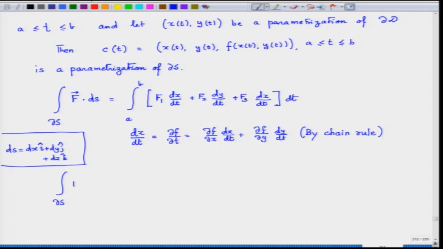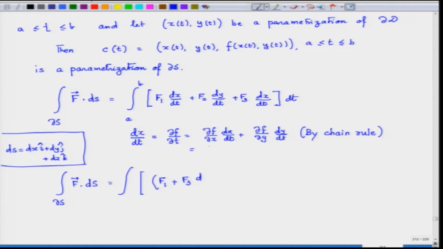Now, I will do the manipulations, you check the manipulation, but I am just writing it down. It is very simple, you can just do it by observing this. So f1 with dz dt, f3 you will have this one. So with dx dt you will have to combine this part. So there will be f3 multiplied here. Let us see what happened. So dz dt is now del f del x dx dt plus del f del y dy dt. So f3 gets multiplied into two parts and then they are combined with f1 and f2. So f1 plus f3 del f del x.